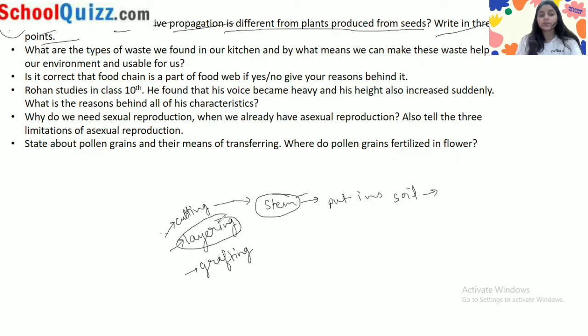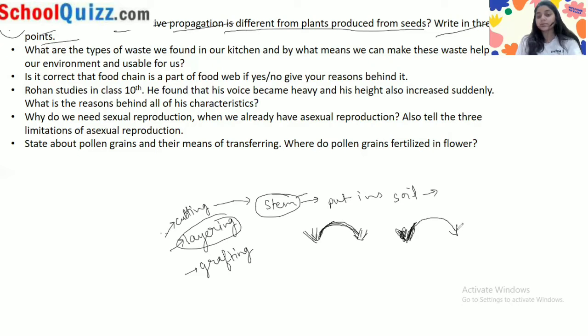Now in layering, suppose there is a plant and there is another plant also. We'll take the stem of this plant and put it in the soil.